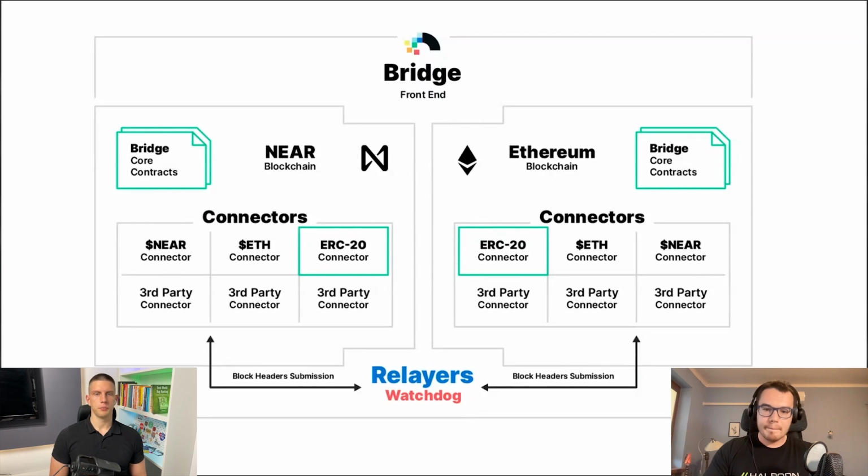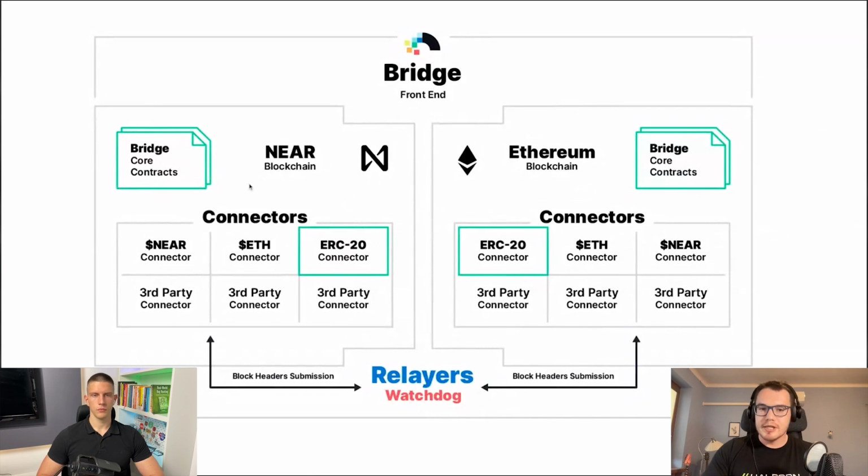And how does the process of transferring something from one side to the other look? Yeah, that's a great question, and that's where the relayers come from. Let's say that I want to send something from the left side to the right side. I need to execute some transaction on the left side, and we'll go into that in a bit.